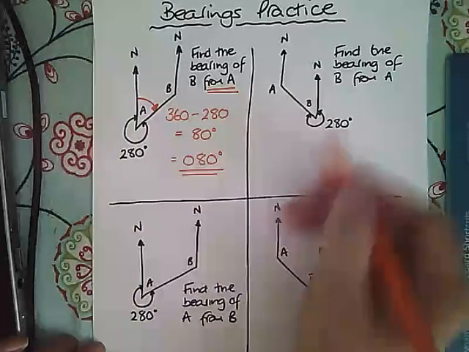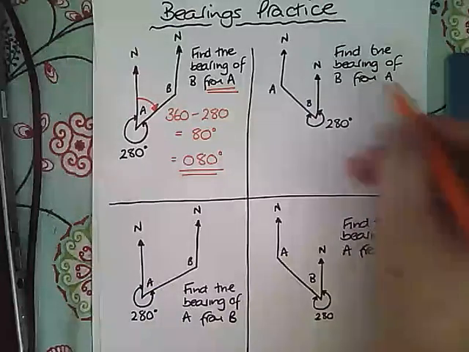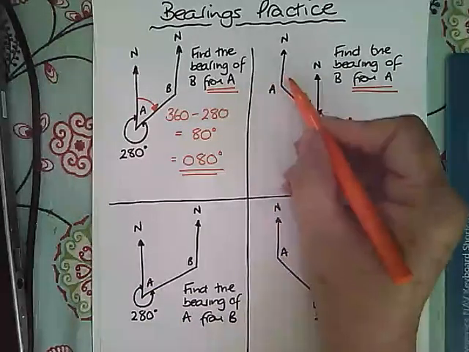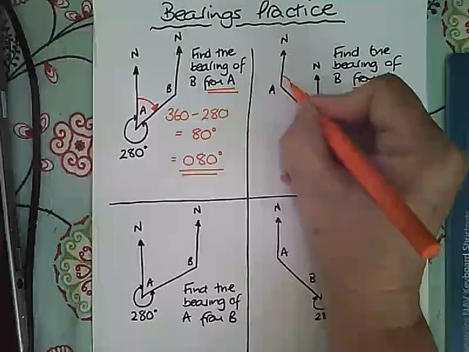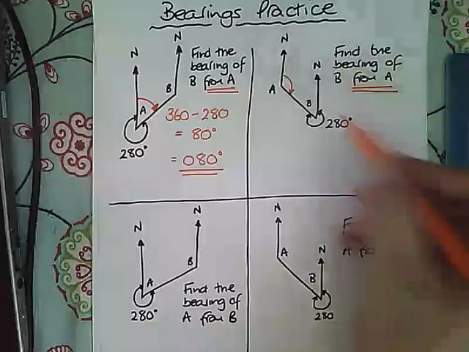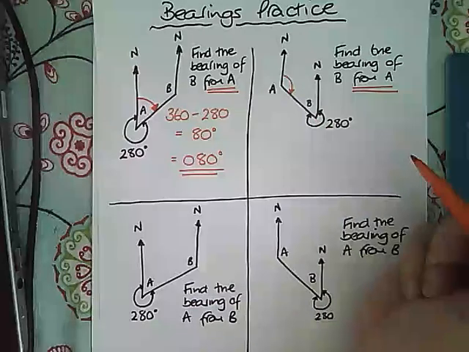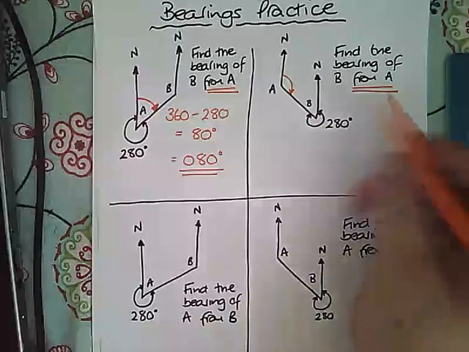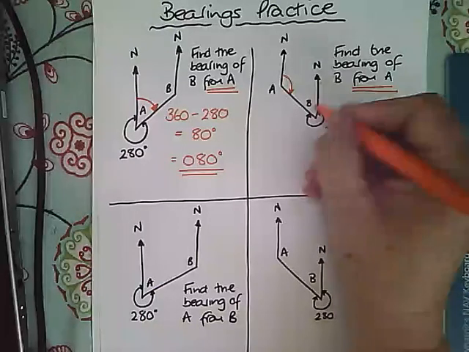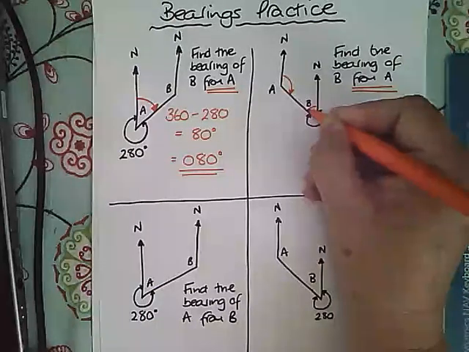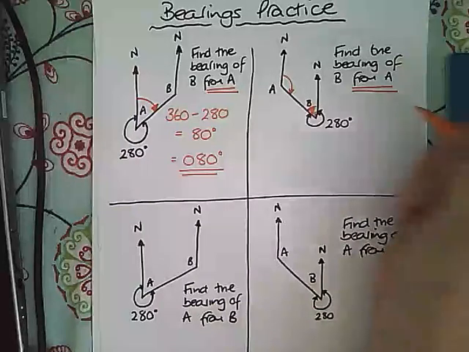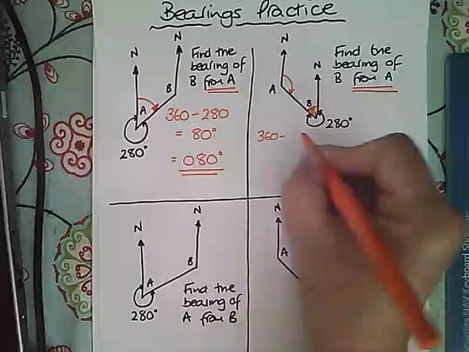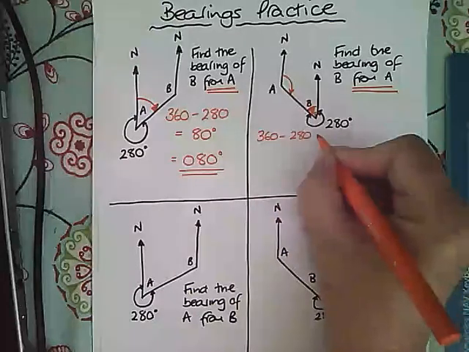On the second question, I am at A again. I want to turn through this angle, mark it on the diagram, in order to face B. The information I'm going to use this time, I'm going to use the co-interior thing and 360. So first of all, I'm going to work out the angle here at B, this bit, and that would be 360 take away 280, and that is 80.